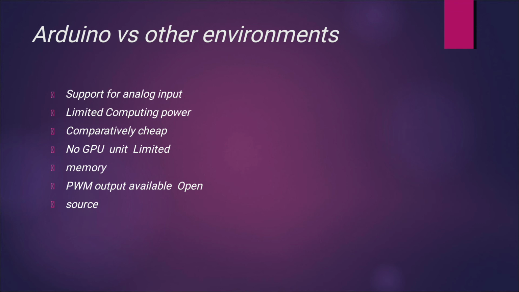Arduino versus other environments. Its support for analog input, limited computing power, comparatively cheap, no GPU unit (GPU means graphic processing unit). It has a memory, PWM output available, open source.